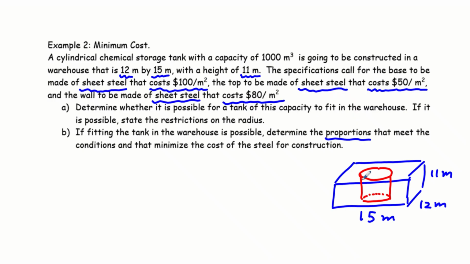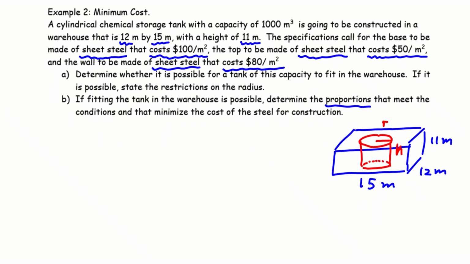We put a cylinder in the warehouse. The height is h and r is the radius. So the volume needs to be 1000 meter cubed.